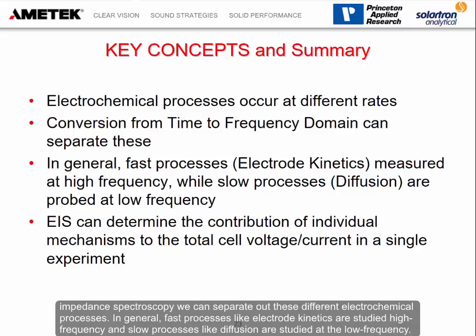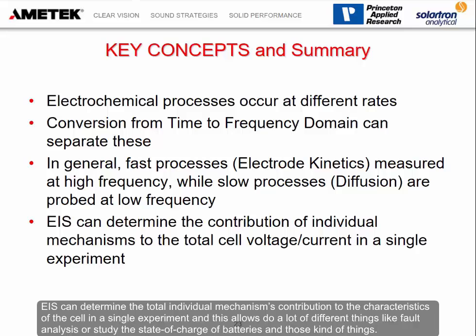In general, fast processes like electrokinetics are studied at high frequency, and slow processes like diffusion are studied at low frequency. And EIS can determine each individual mechanism's contribution to the characteristics of the cell in a single experiment. This is going to allow us to do a lot of different things, like fault analysis or studying state of charge of batteries.